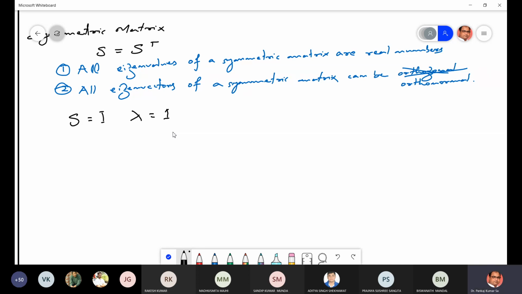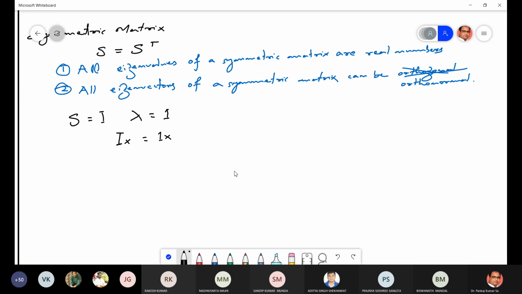So what about eigenvectors? Eigenvectors satisfy I times x is equal to lambda times x, and lambda is nothing but 1.